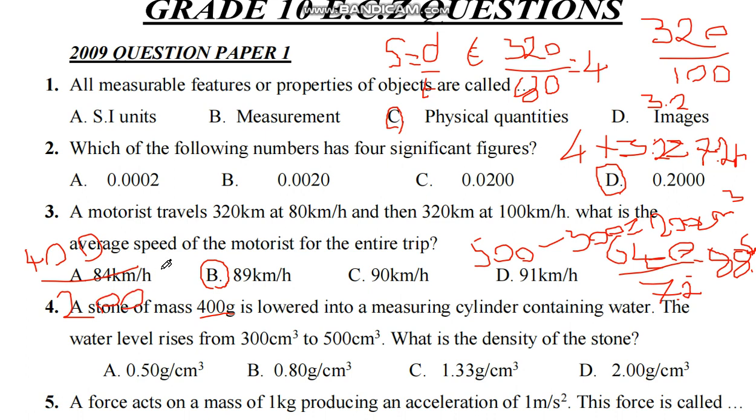When you divide these two, it's going to be 2 grams per centimeter cubic. Then our answer here is D.